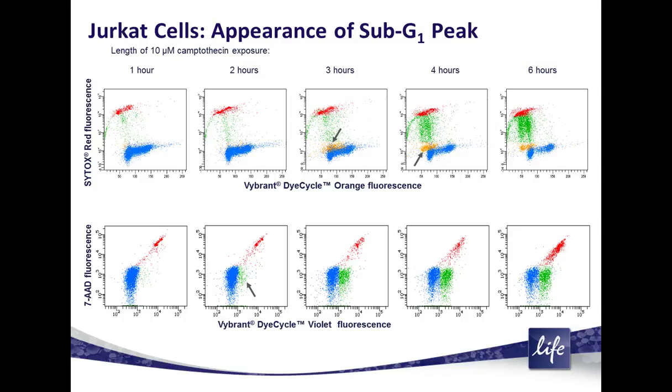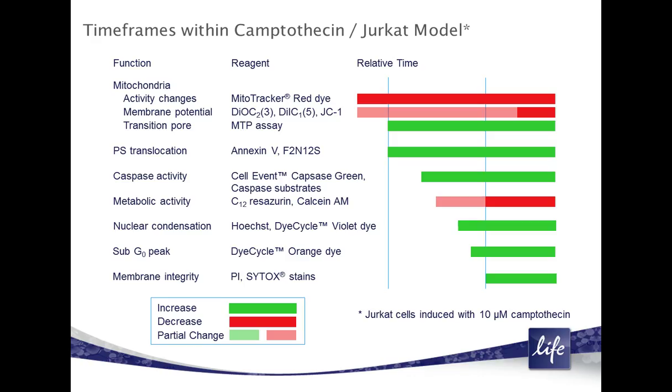Looking at this time frame of the camptothecin-induced Jurkat model, we see before annexin binding that DiIC1(5) and MitoTracker Red are able to detect populations pretty much concurrent with annexin V binding, as are the monomeric cyanine dyes and the violet ratiometric dye.